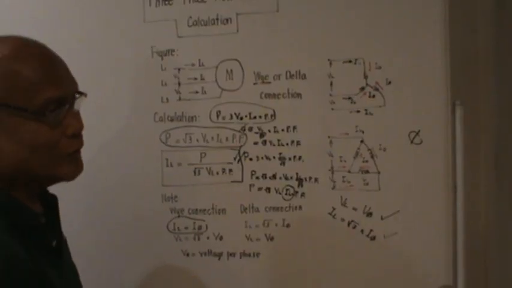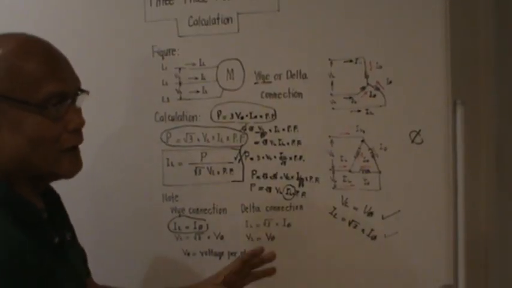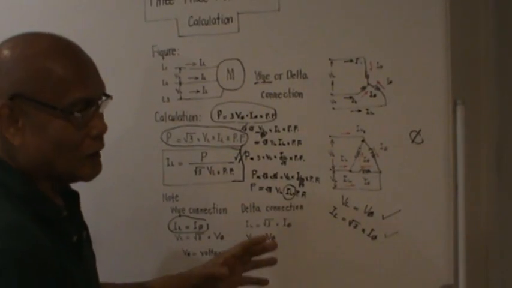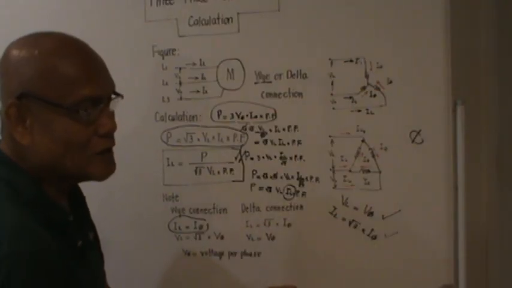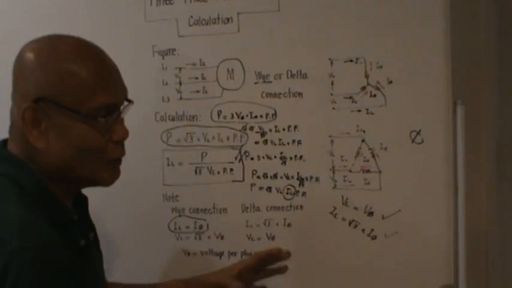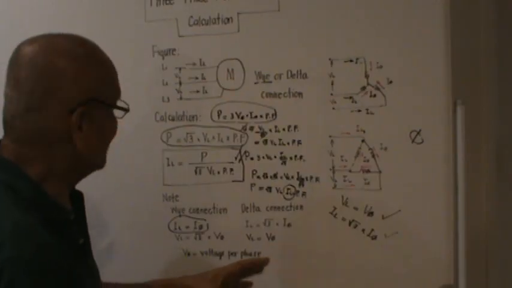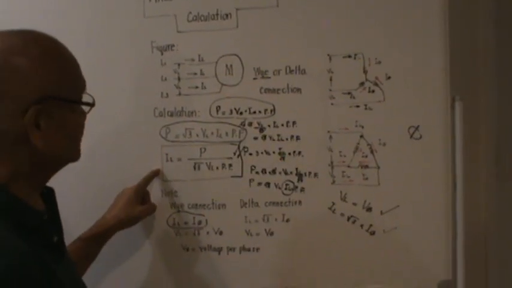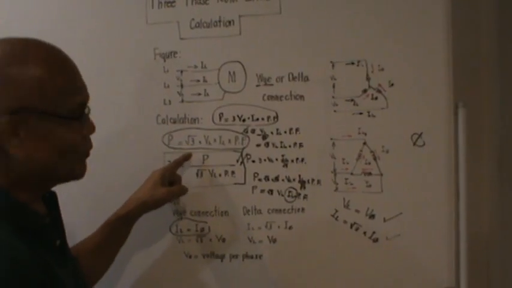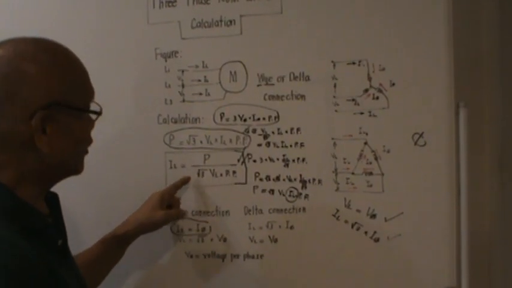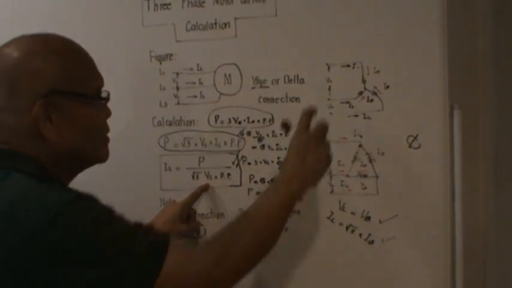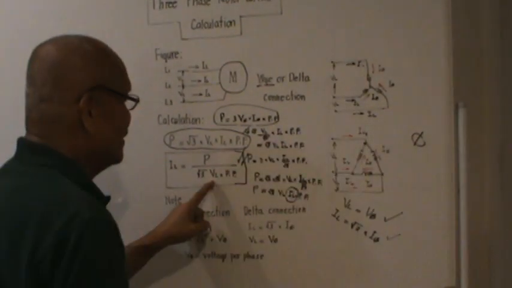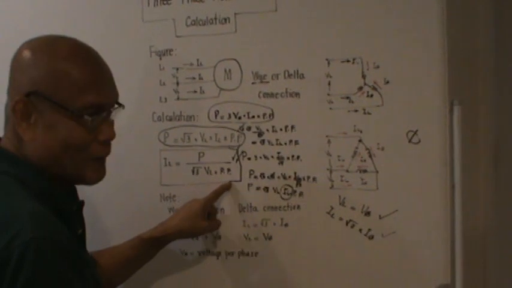So I have shown you the formula on how to compute for the line current, which is the same for all the three lines for a balanced motor load. It is given by the formula: line current equals the total true power in watts over square root of 3 times the line-to-line voltage times the power factor.